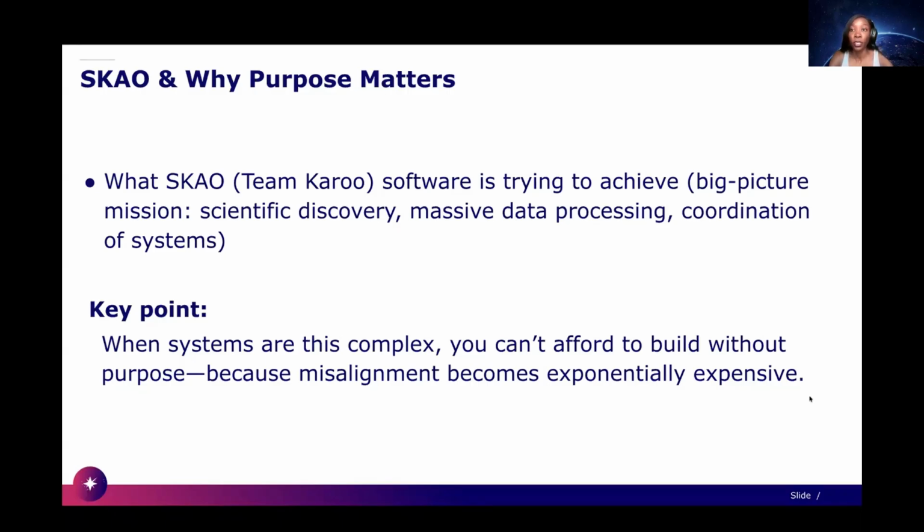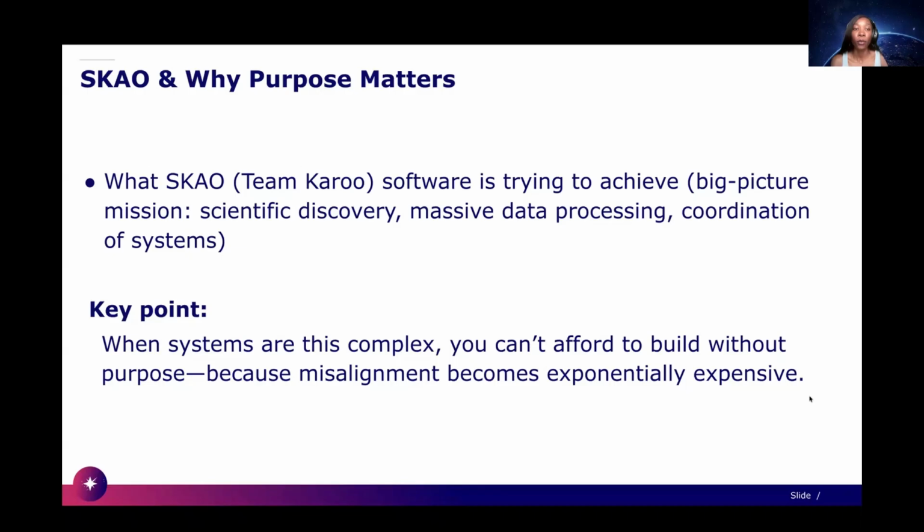And so there's a lot of coordination going on. There's also a lot of data processing. And we're trying to do this thing, and it's amazing. And because we understand we're trying to do this amazing thing, we have purpose, and we have then built on those pillars.